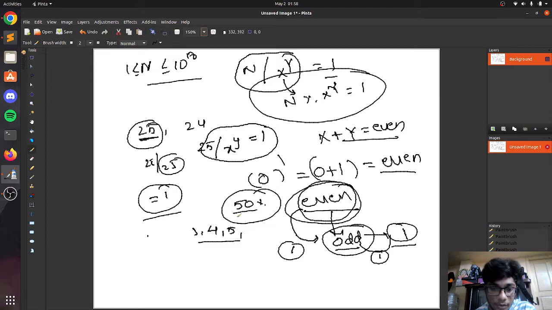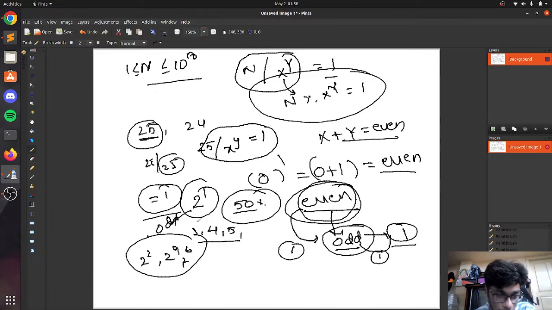Once the odd cases are completed, you have to deal with even. If you're trying to make an even number odd, you can divide with 2, say 2 to the power of 1. But if you get 2 squared or 2 to the power of 4 or 2 to the power of 6, you can take 2 to the power of 6 divided by 2 squared, which equals 2 to the power of 4, then divide by 2 squared equals 2 squared, divide by 2 squared equals 1.